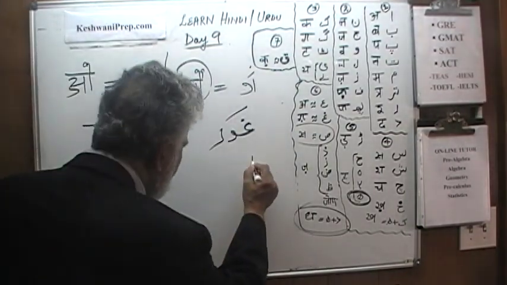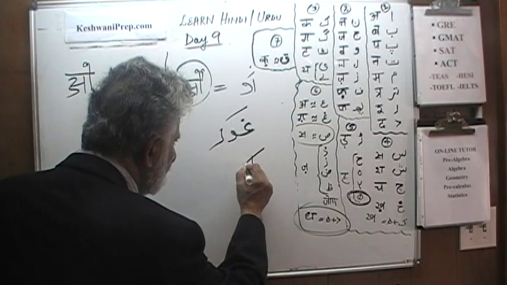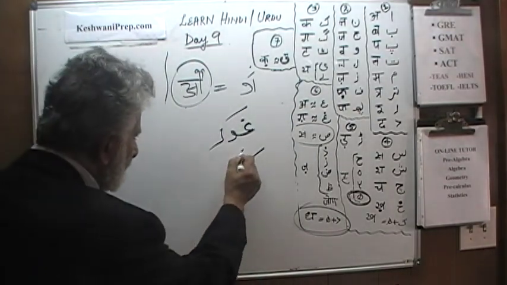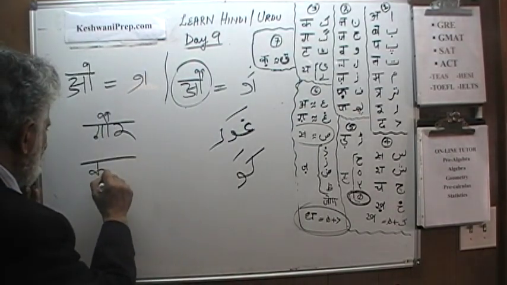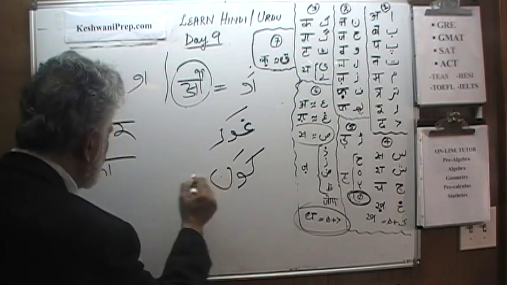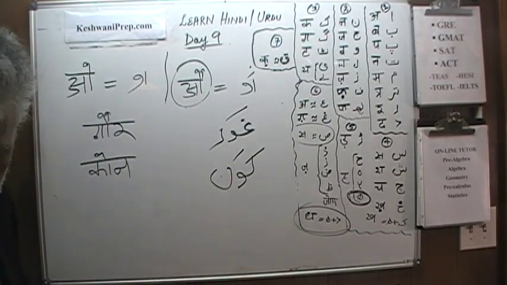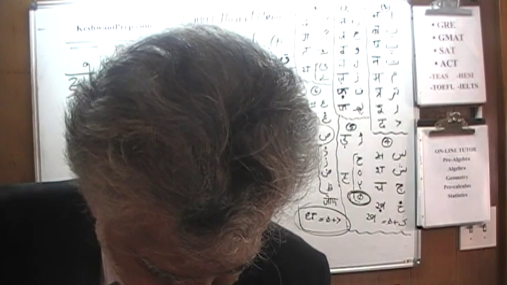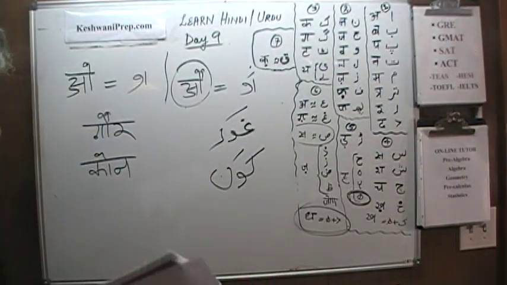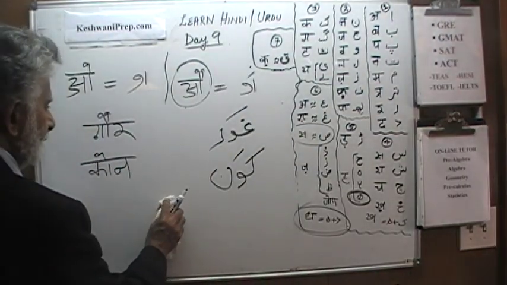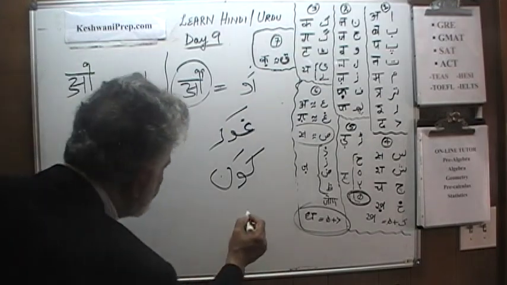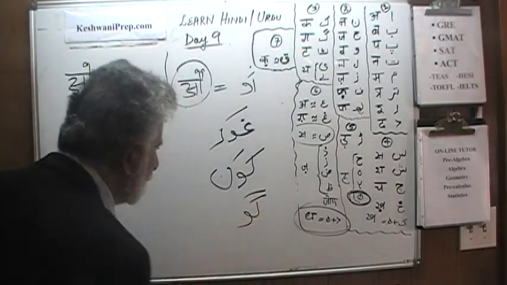Here's our regular Kaf. It's going to join the Wow. And now it has a Zabar on top of it, so it's not a Ko, it's a longer Ko. Kon, as in who? As opposed to this sound here. Go. You see how it is?